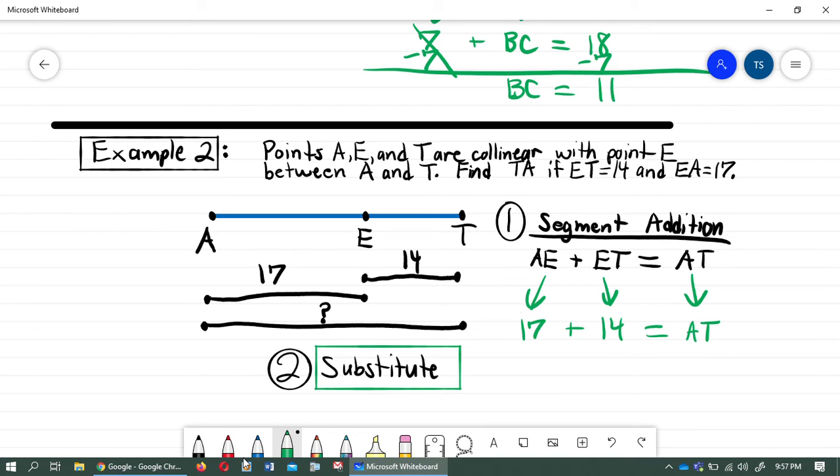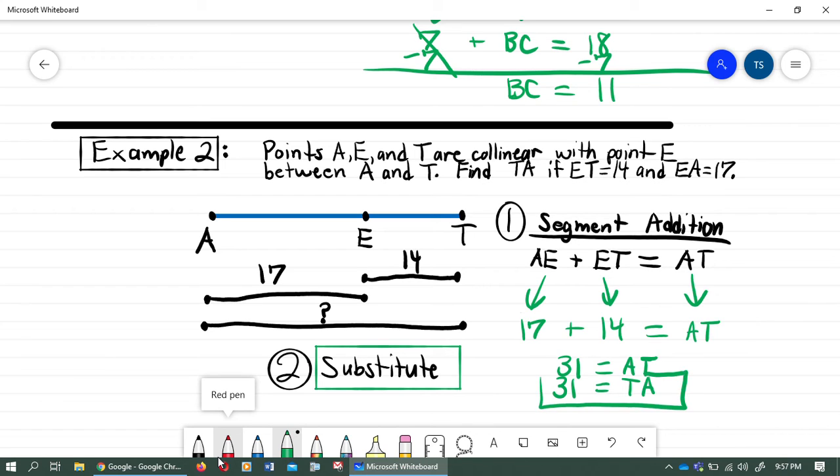17 plus 14 is 31, right? So the length of AT, which is technically the exact same thing as what they were asking us for, TA, is 31. That's it for this example here.